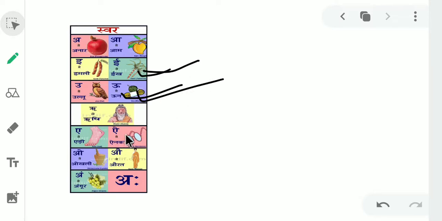Here we can also say Ai, so here we also take some more sound.